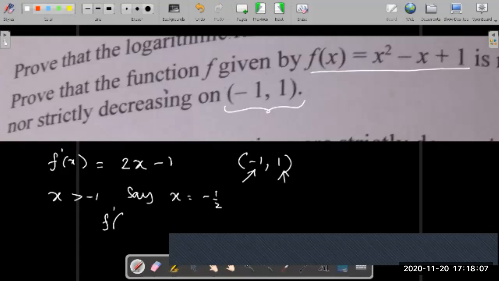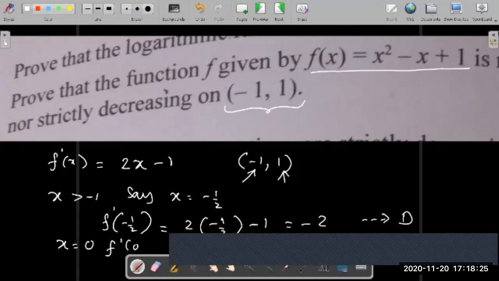Then f dash minus half equal to 2 into minus half minus 1, which is minus 2. It is right now decreasing. Whatever I give here, it is decreasing. Let's give x equal to 0. f dash 0 equal to 2 into 0 minus 1, that's equal to minus 1. Still it is decreasing.